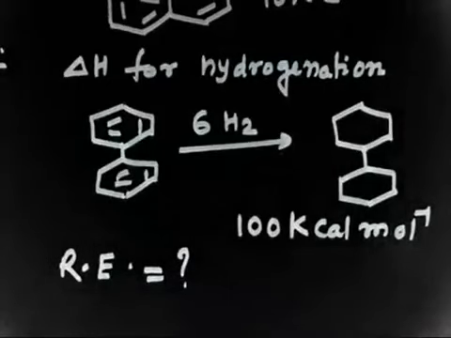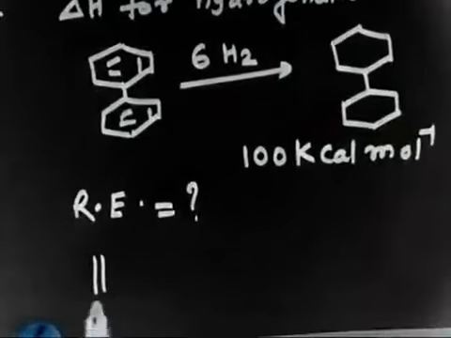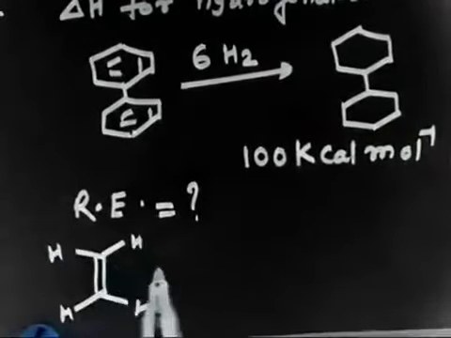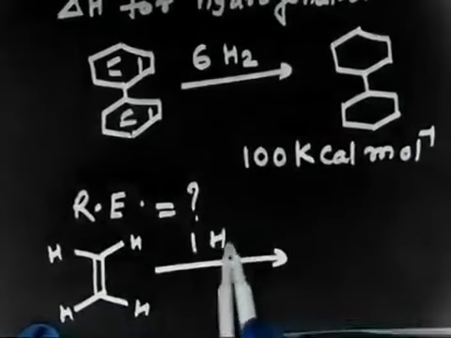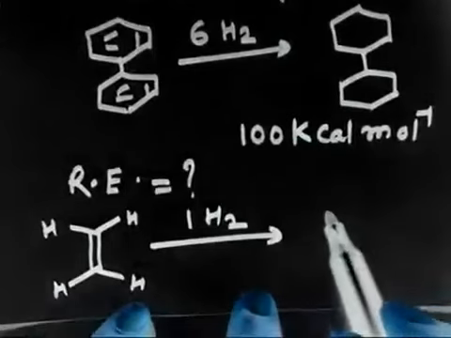One more piece of information is given to you. For an isolated alkene, for one double bond, if I do hydrogenation and add 1 mole of hydrogen, finally I will have CH3.